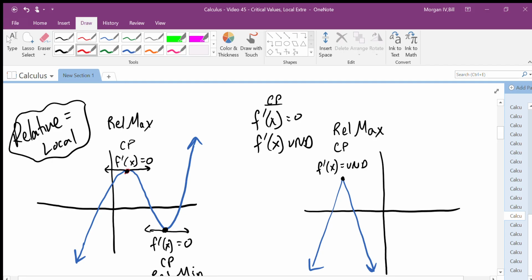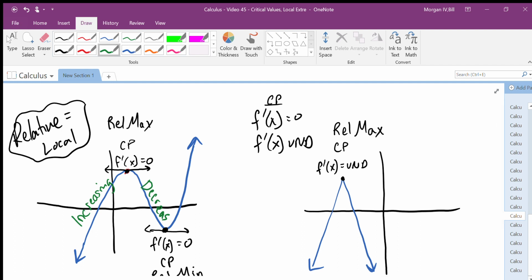So this point here, that's a relative max. Notice that as we approach that from the left, the curve is increasing. It's increasing here, and it is decreasing afterwards. It's increasing before, it's decreasing afterwards.